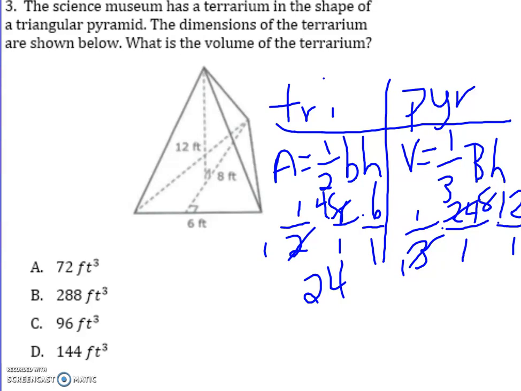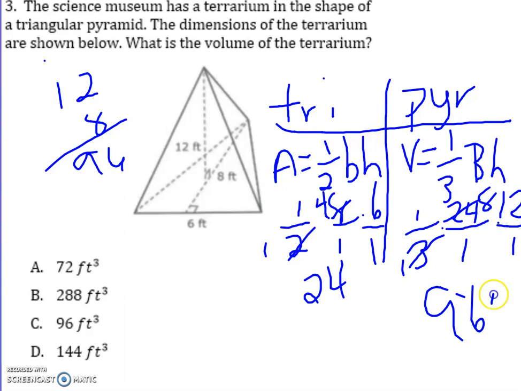Then we're going to do 12 times 8. 8 times 2 is 16. 8 times 1 is 8, plus 1 is 9, 96. So we have 96 feet cubed. Okay, question number 4.